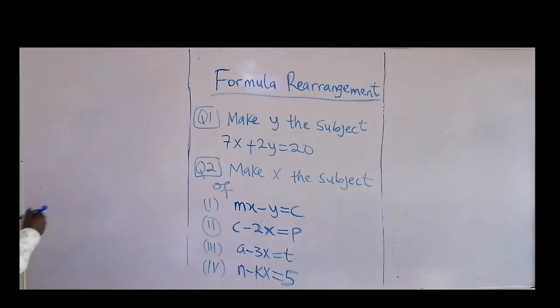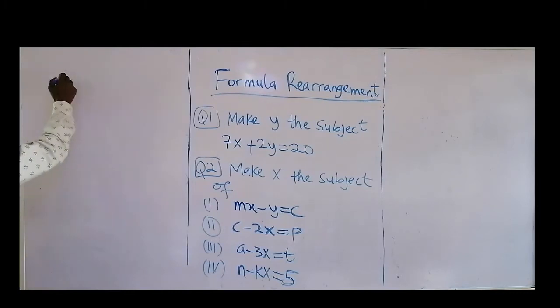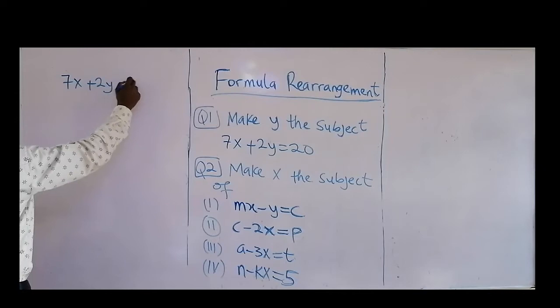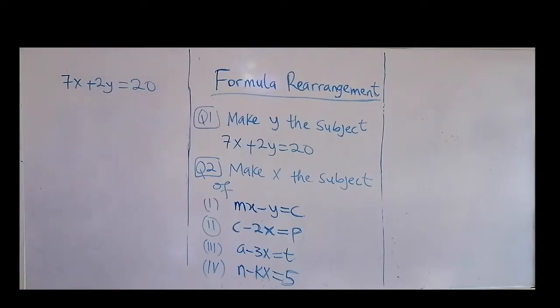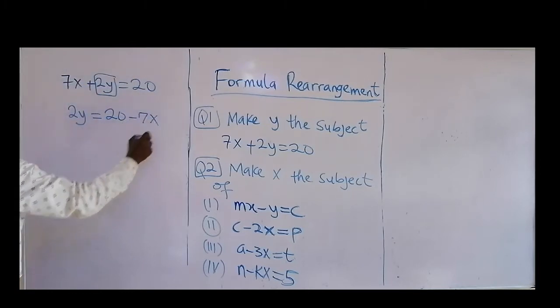For example, question 1, let's use that as a case study. We have 7x plus 2y equal to 20. What we want to do in this case is to retain this one here, leave it here, and move this one to the other side, and that will be 20 minus 7x.